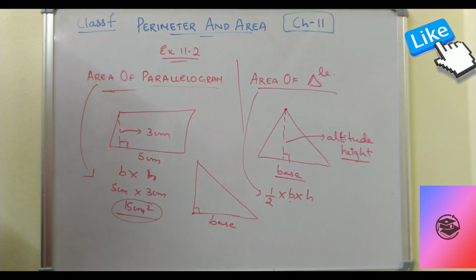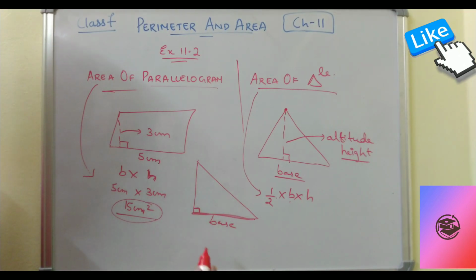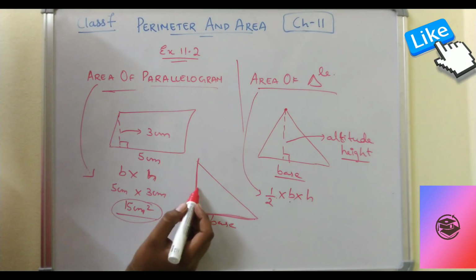The previous figure was an isosceles, acute angle or scalene triangle. But in the case of a right angle triangle, how will you identify the height? The side at 90 degrees can also be the height. If this is the height, then this will be the base, or if this is the base, then this will be the height.